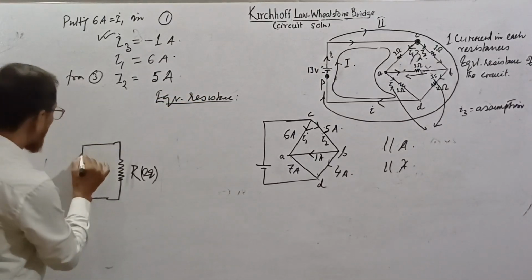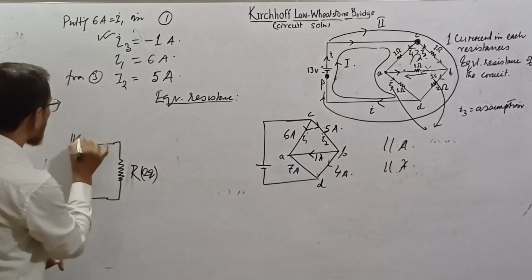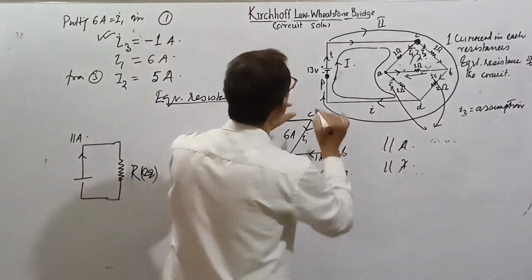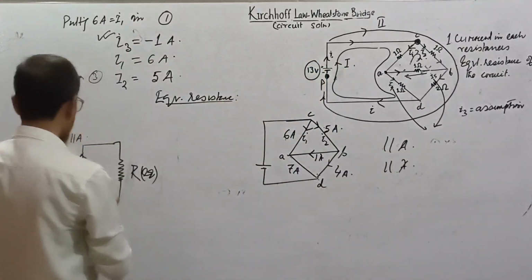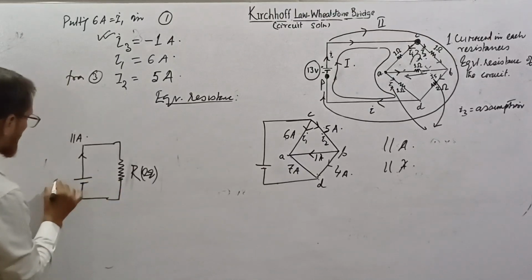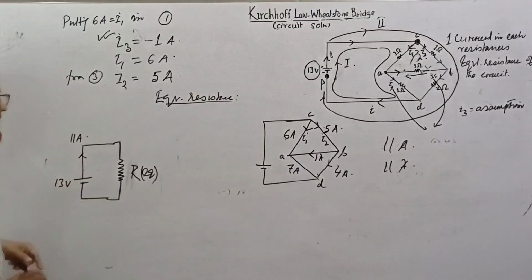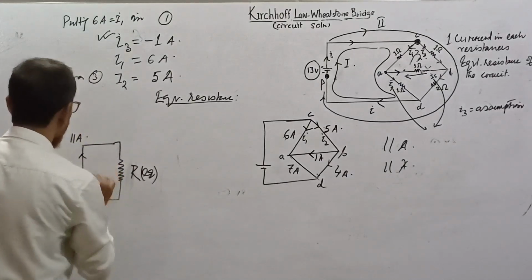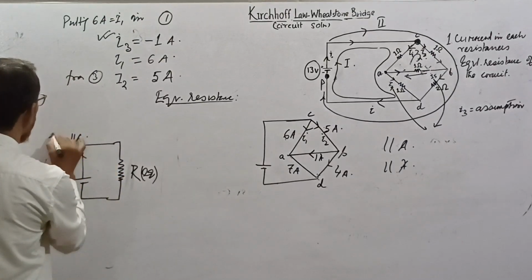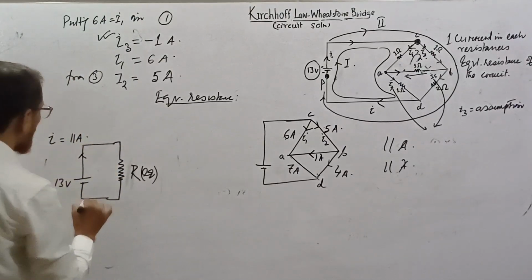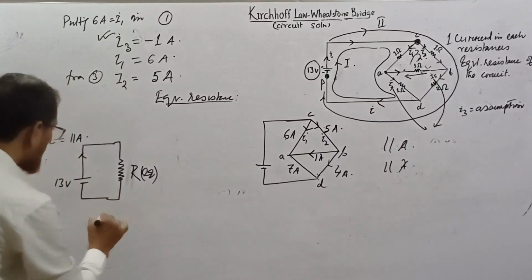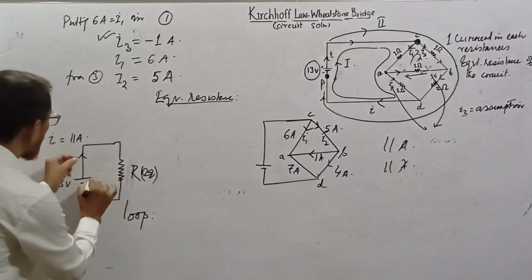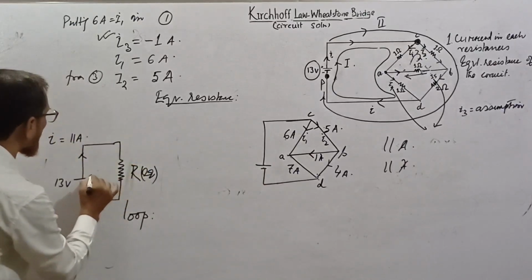So we can say the current is nothing but 11 ampere, and your voltage source EMF is 13 V. So again, if we assume Kirchhoff's loop law, the current is flowing in this direction.